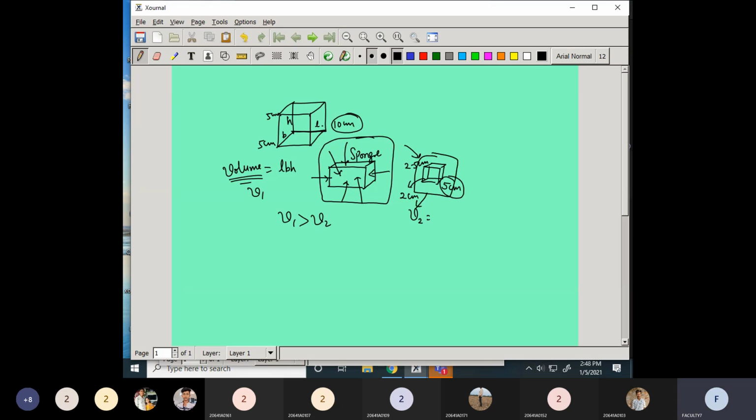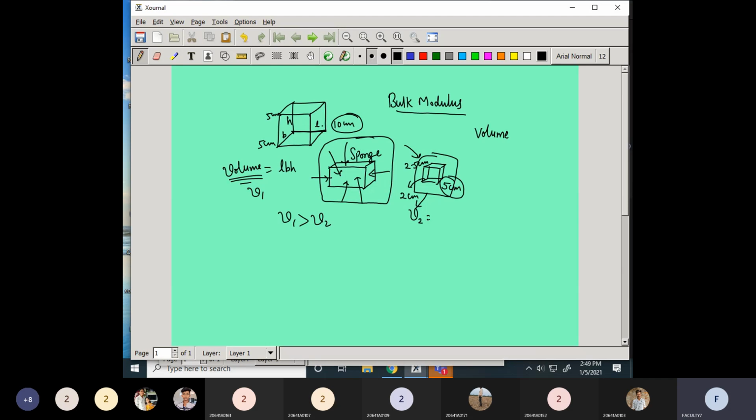So this particular concept is considered as bulk modulus. You are going to get the bulk modulus. So here, what is the stress here? You are going to get volumetric stress.